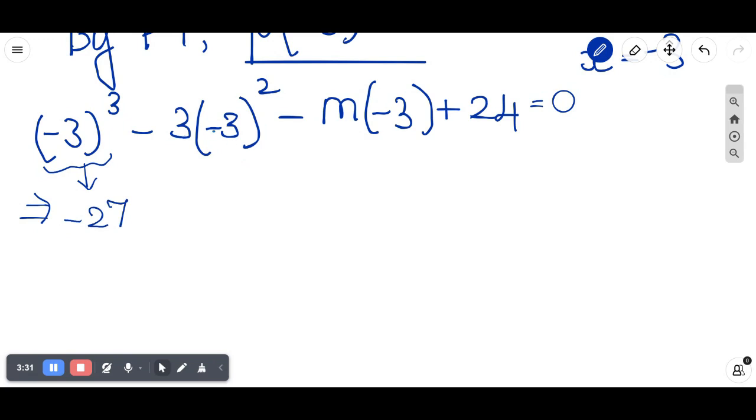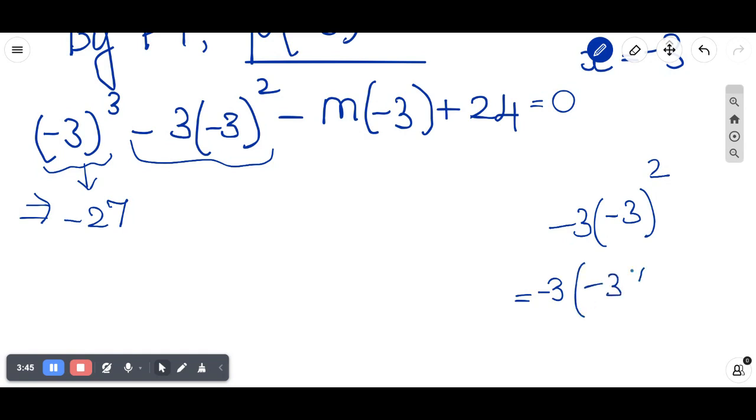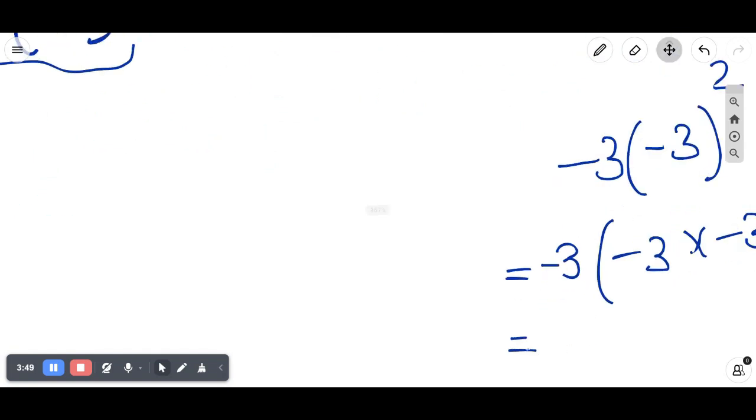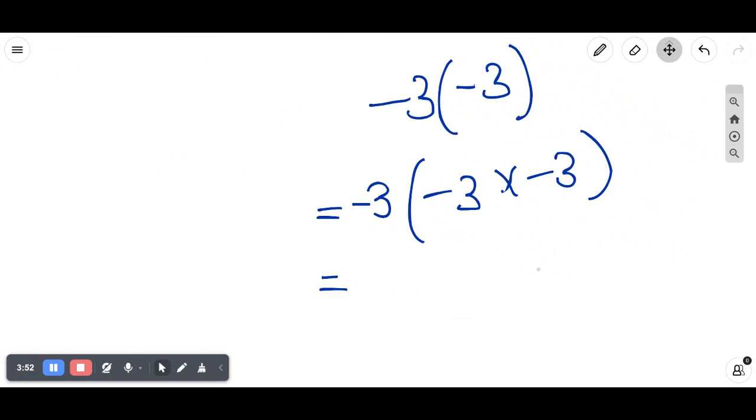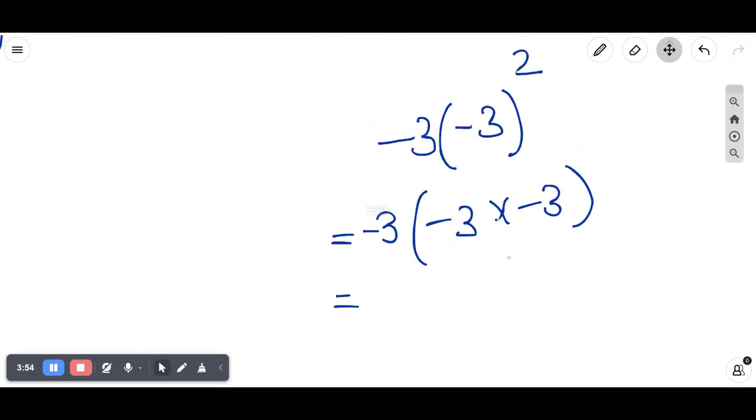Now we have a minus here and a minus 3 outside. Let me do it separately: minus 3 into minus 3 the whole square. This will be minus 3, keep it as such, into minus 3 into minus 3. First you have to solve this: minus into minus is a plus, and 3 into 3 is 9.